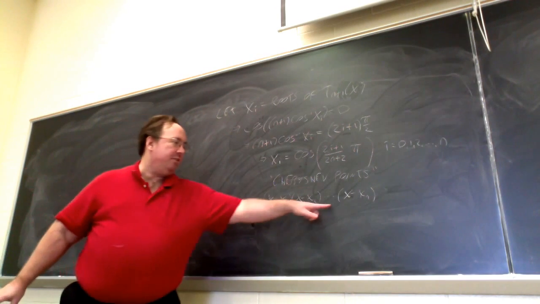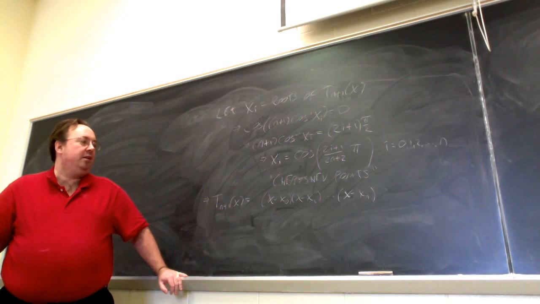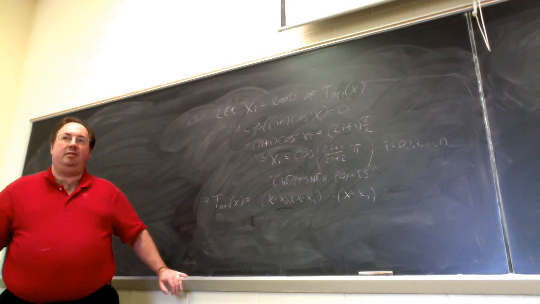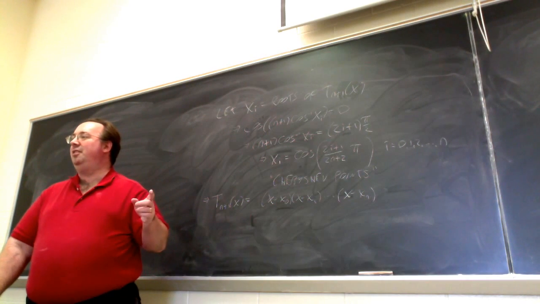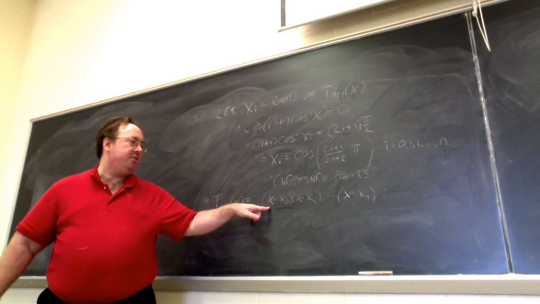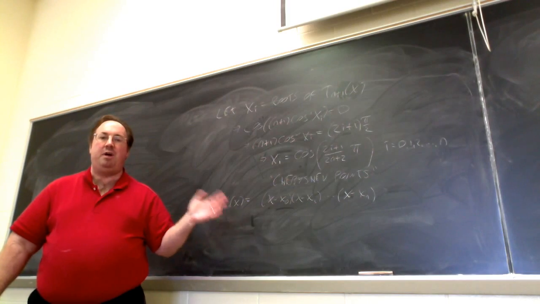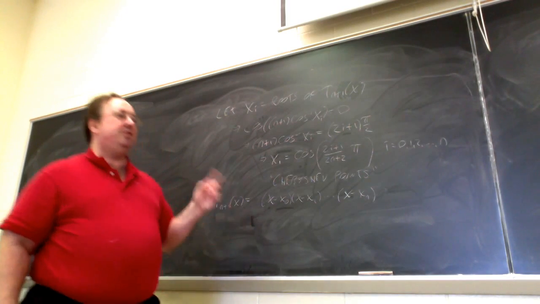If I multiply this out, what's the leading coefficient? The highest degree coefficient is what? Because I have x to the n plus 1 power, and then other terms. But that's not the leading coefficient of a Chebyshev polynomial.